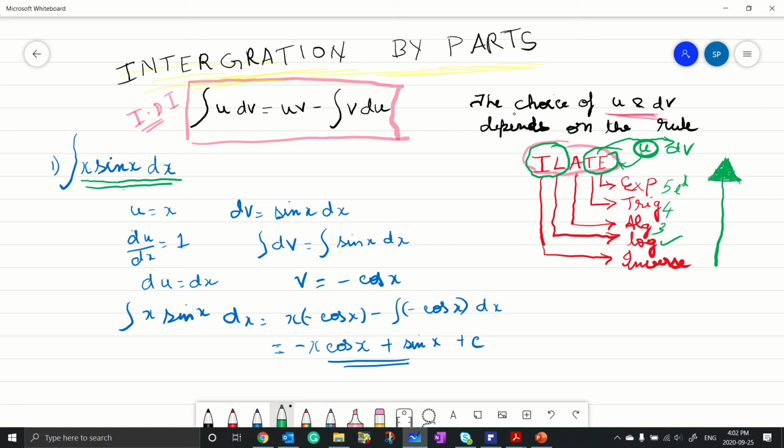Now which one would be my first function? I have to follow this order, top to bottom, the ILATE rule. The first function is nothing but u. In this case my u is x, because algebraic has higher preference over trigonometric functions.